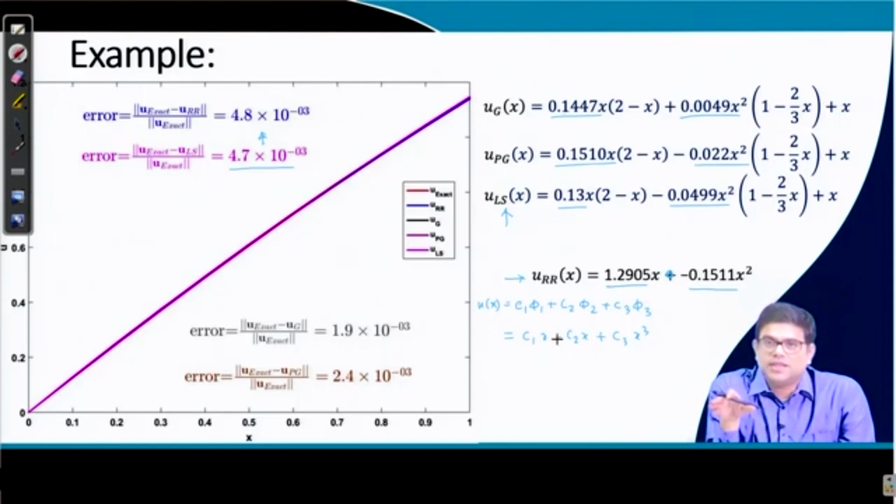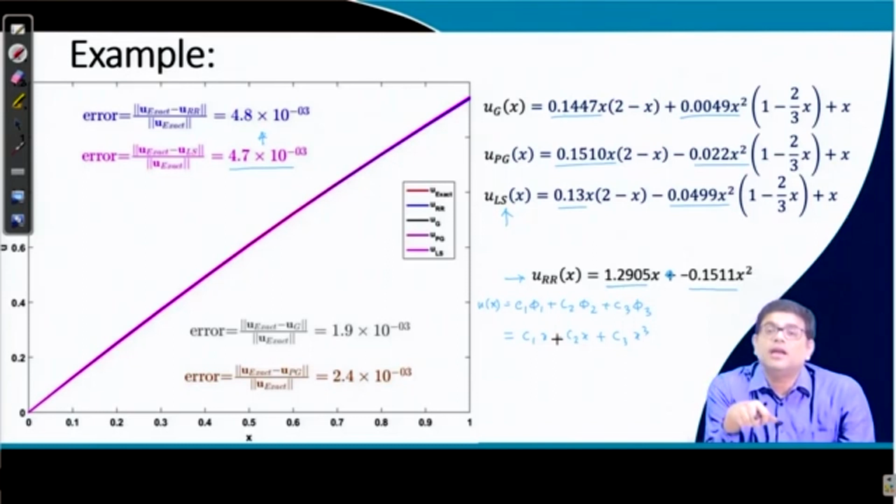So for weighted residual methods, again I reiterate that it is the weight function. The restriction that we pose on the weight function in the Rayleigh-Rinz method, we remove that restriction in the weighted residual method. So in a sense, the weighted residual method is a generalization of the Rayleigh-Rinz method.